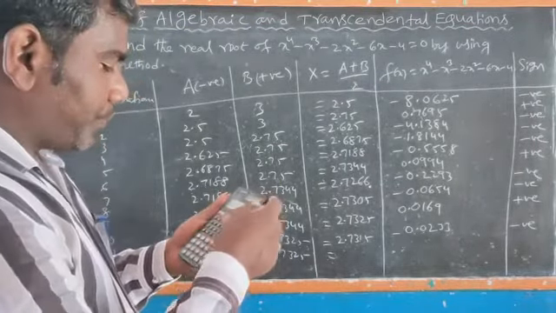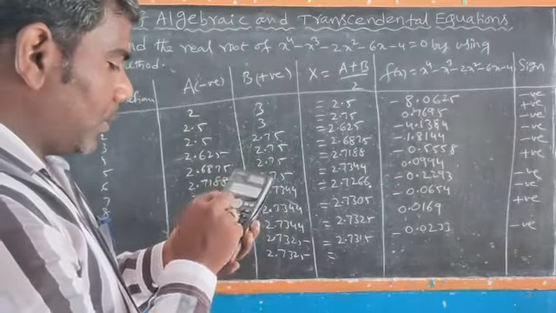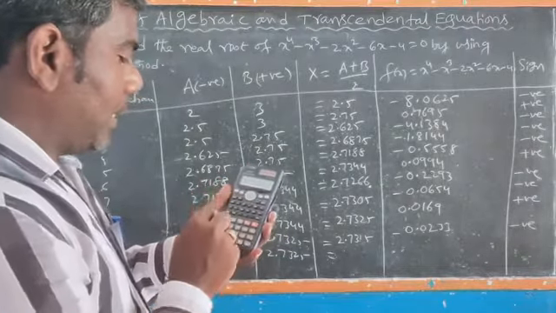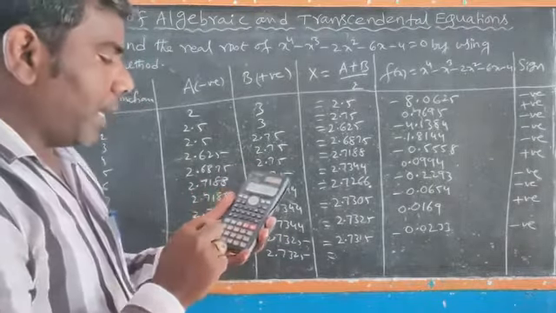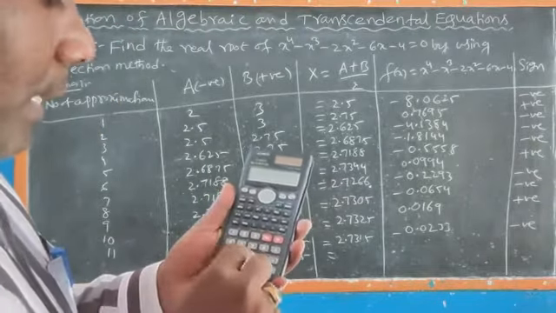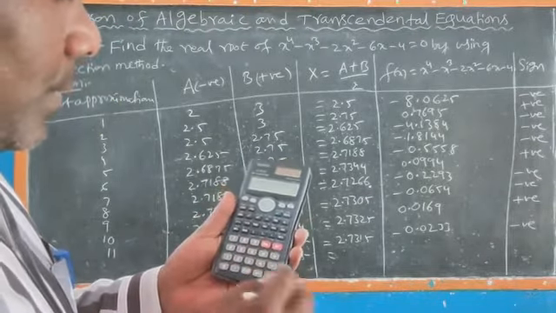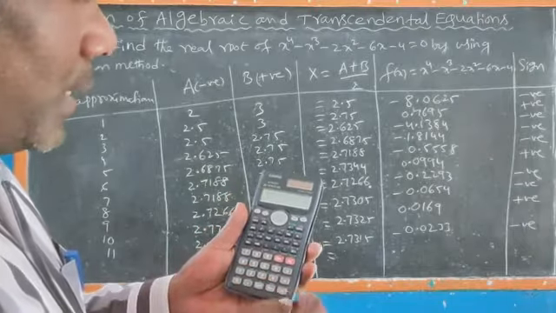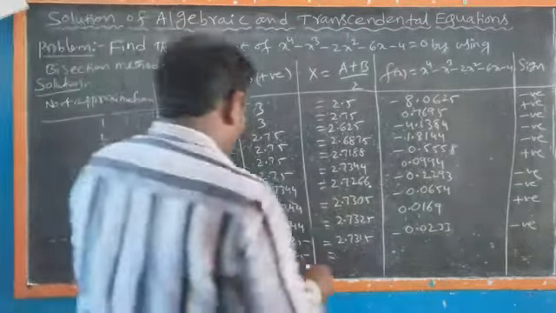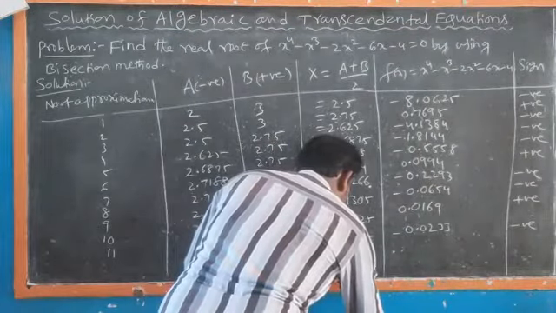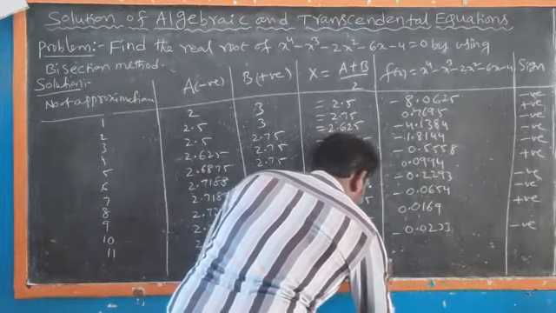Then calculate, what is a? 2.7315, b value 2.7325, then 2.7320.